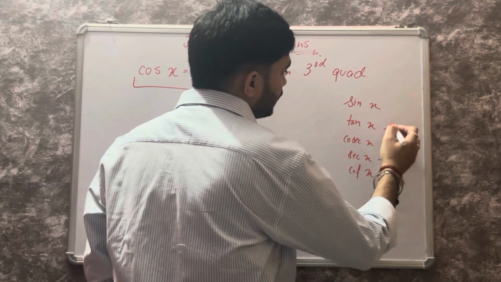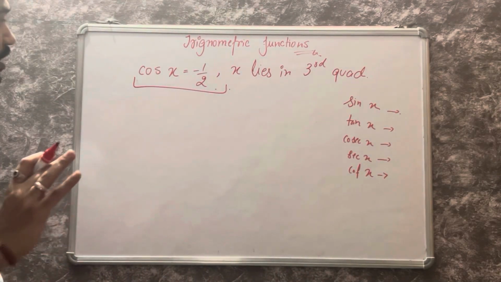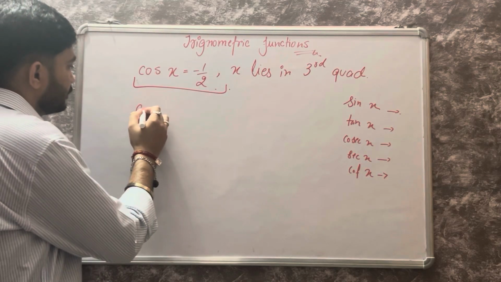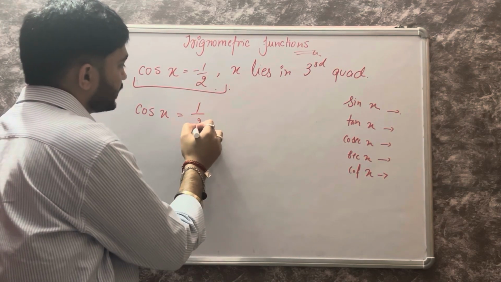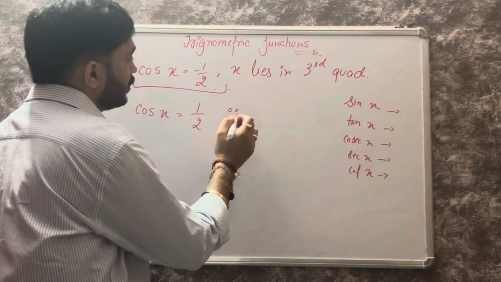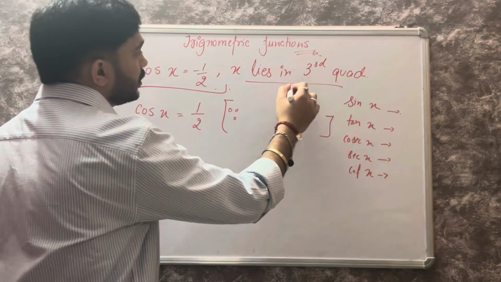We have to find these 5 values as the cos x value is given to us. Firstly, take cos. Leave the negative sign aside. Why are we leaving the negative sign aside? Because it is in third quadrant.